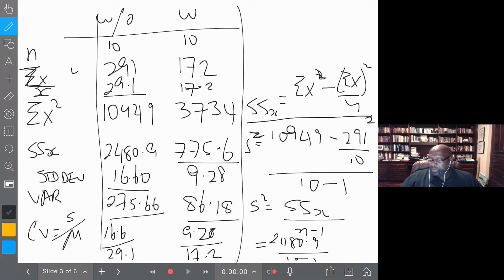Let me see if I can calculate that very quickly. I'm doing a calculation here on my spreadsheet.